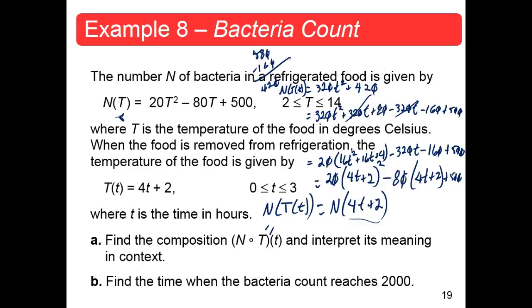And what does this mean? The longer it sits, when you first bring it out of the fridge at 2 degrees Celsius, how many bacteria are living in there? T equals 0, little t 0, 420. Not too bad. Our stomach can handle that, most of the time. But how many hours are you going to leave it sitting there? You choose.